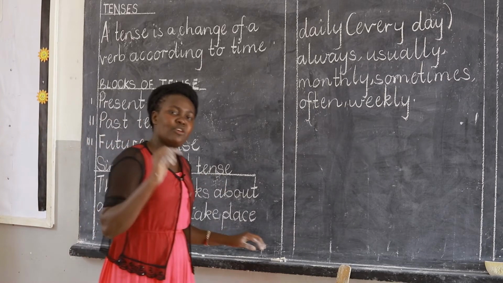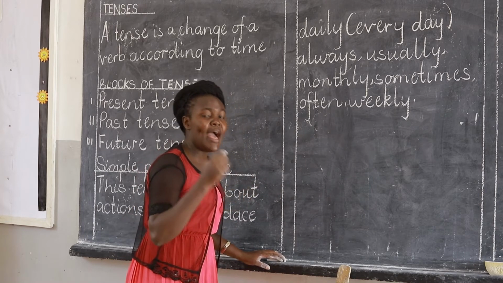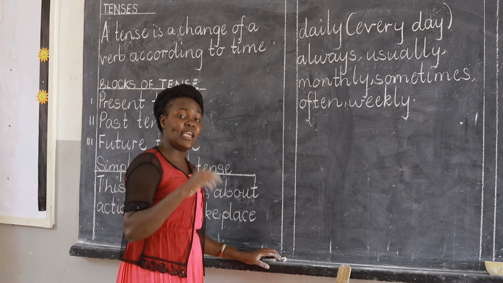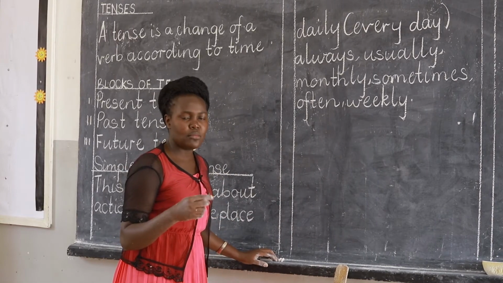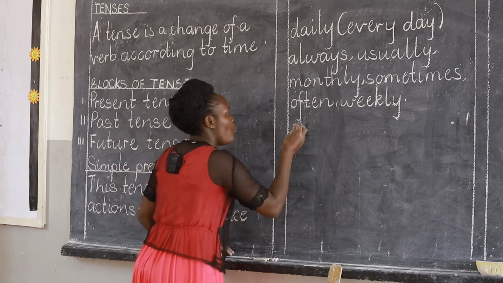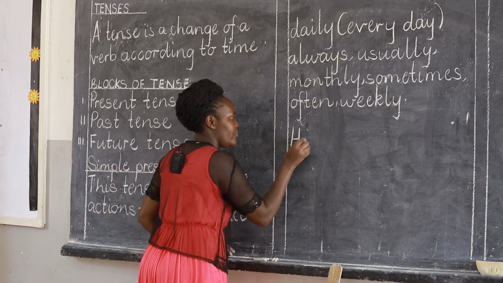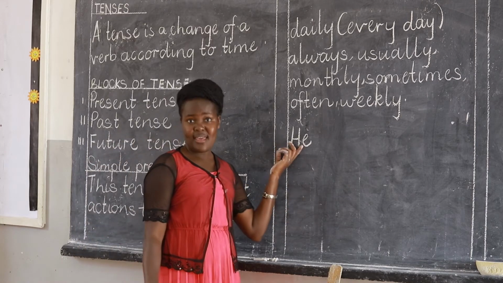Those words that are used to replace a noun, they are those ones in singular and those ones that are in plural form. Let me begin with singular. To start with the singular form, we have he. If I don't want to say Tom, I can say he.